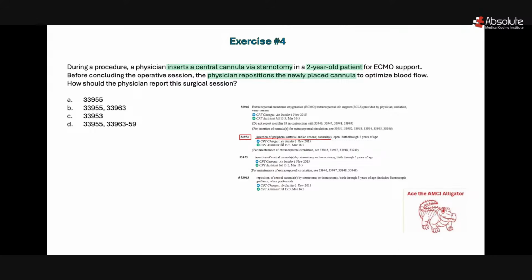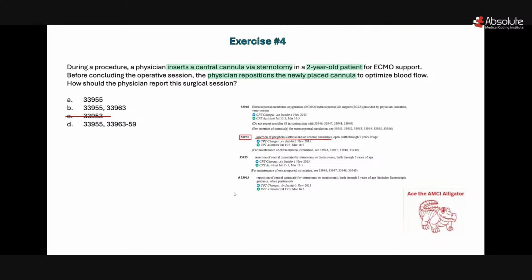So 33953 is incorrect because it's coding for insertion of a peripheral arterial or venous cannula, open. We had a sternotomy approach here, not an open approach. So that's why I would say option 33953 is incorrect.